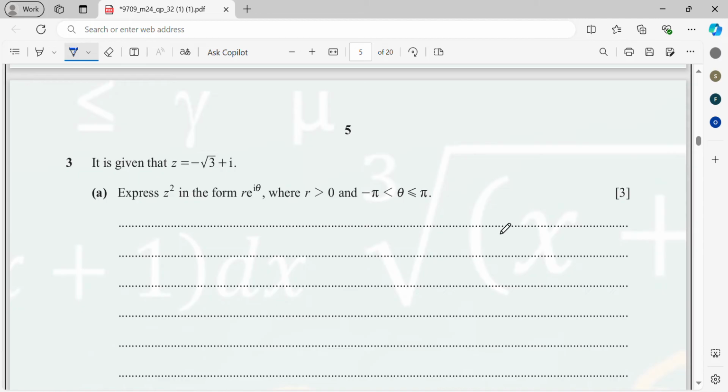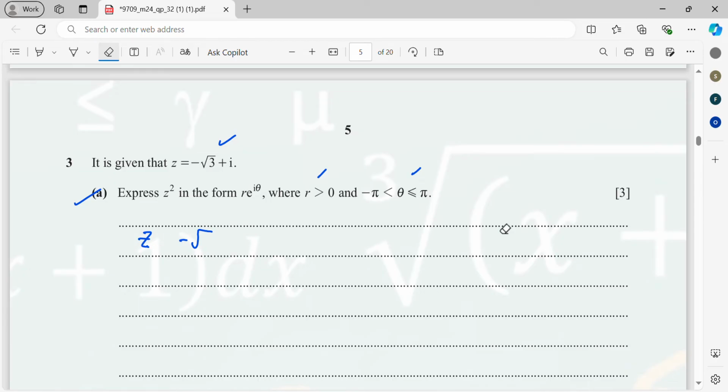Okay, now next question number 3. It is given that z is negative root 3 plus i. A, express z squared in the form re^(iθ), where r is greater than 0 and theta is between minus pi and pi, inclusive of pi. So from the z, I will write down the modulus first.